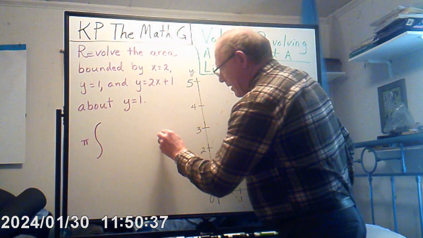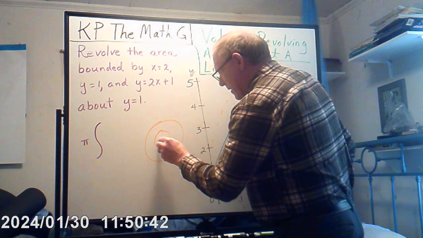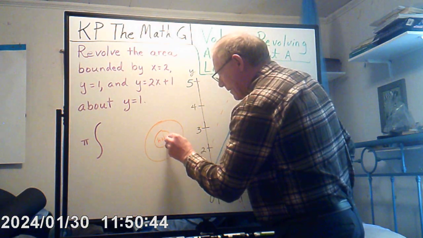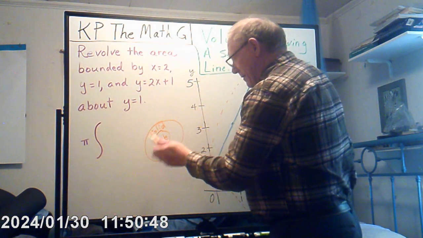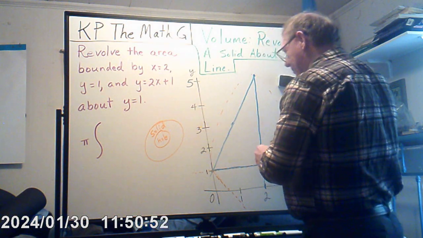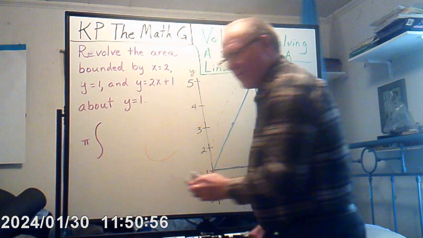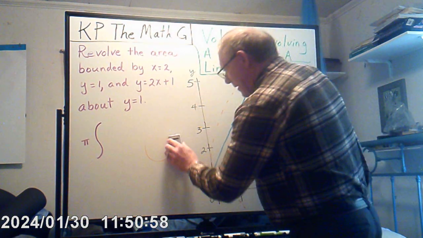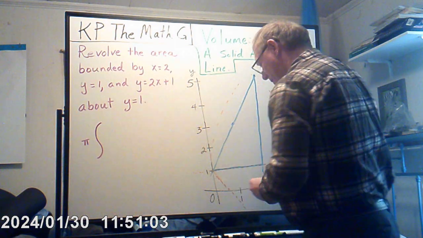A washer method leaves a hole. Here's your hole right here, here's your solid piece right here. But the idea here is it's solid throughout, so you're not going to generate a hole when you revolve that. Just keep that in mind.